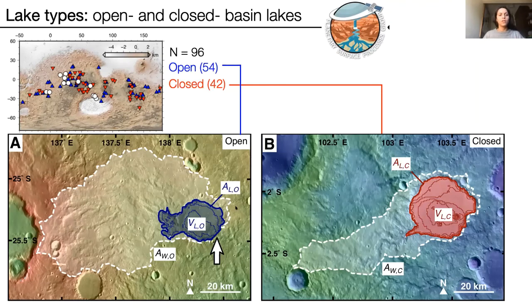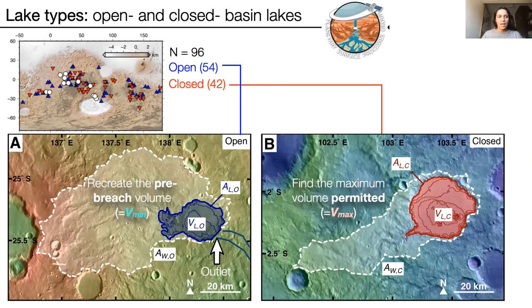And so what we can do is measure morphological parameters of these lakes. So things like the lake area, the area of the watershed that feeds water, where we can see these valleys eroded into it. And we can also measure the volume of the basin of this crater that you can see here. Importantly, these two types of basins also provide us with two bounding hydrological limits.